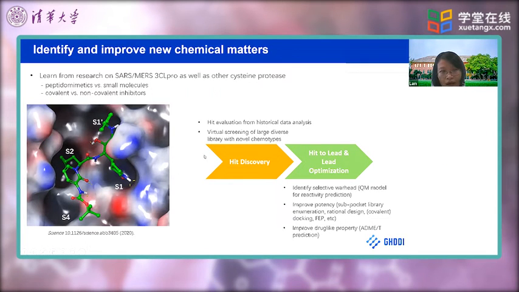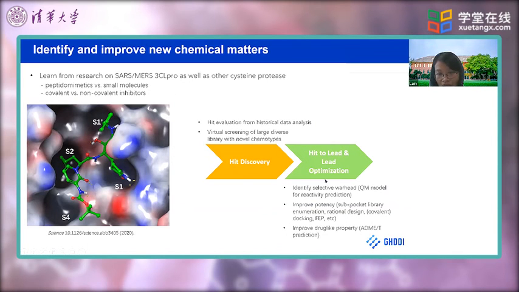To identify new chemical matter for the hit discovery stage, as I mentioned before, we can use virtual screening to screen a large diverse library with novel chemotypes. We can also reevaluate the hits from historical data, to see how they work on the SARS-CoV-2 3CL protease.